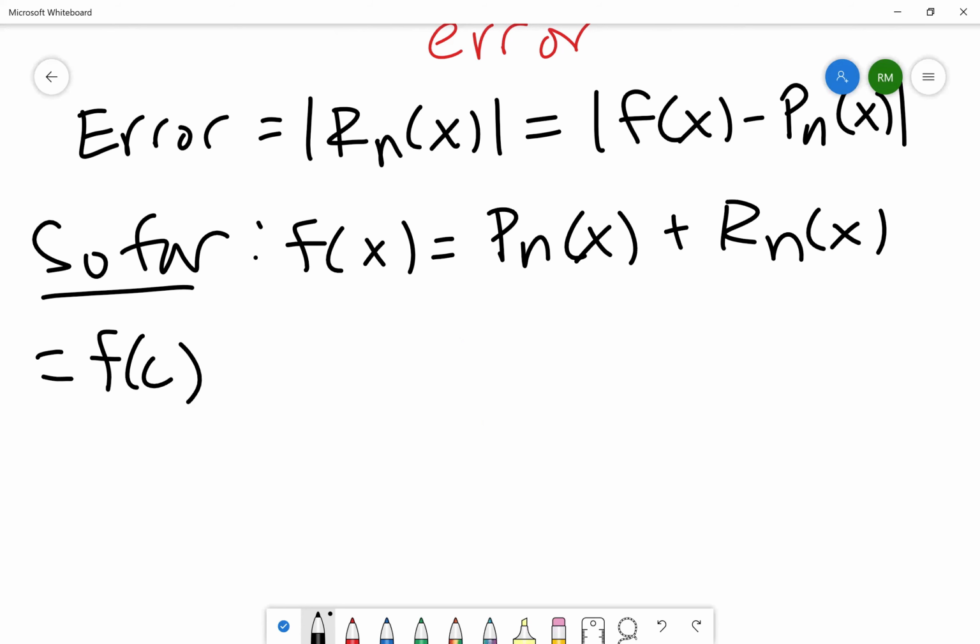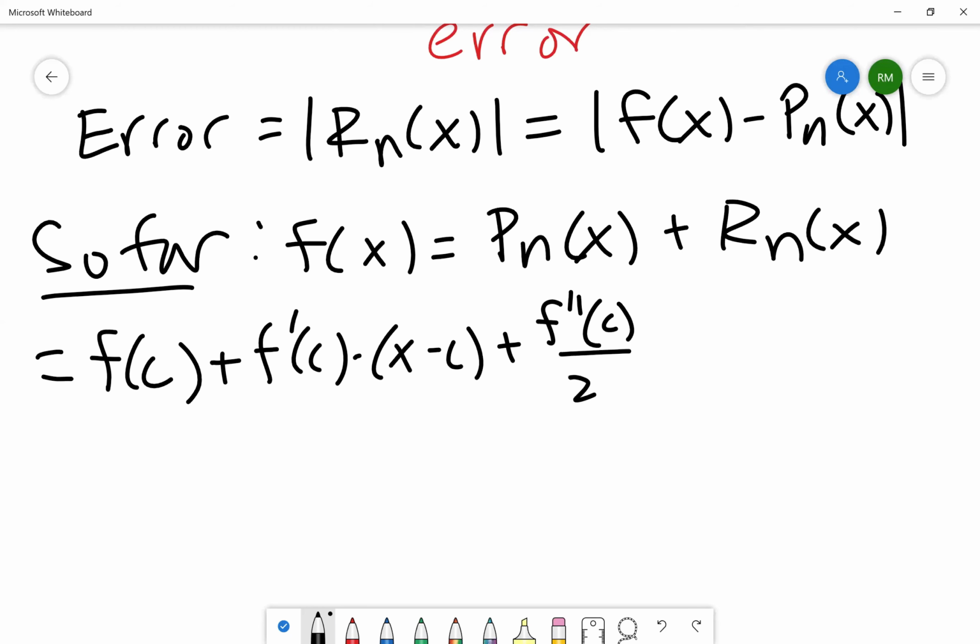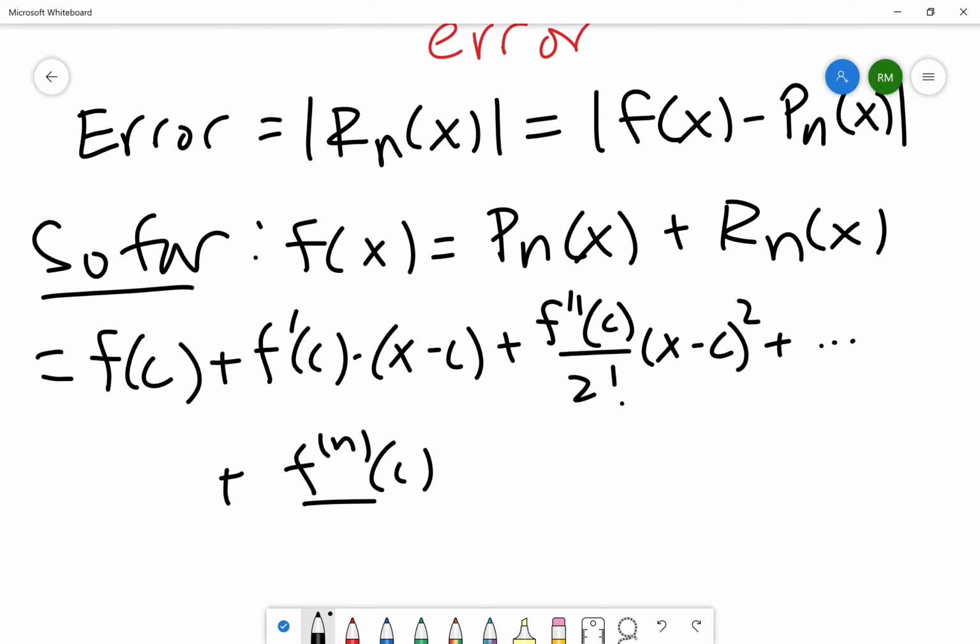It's the degree n Taylor polynomial. All right, that's a lot of work.